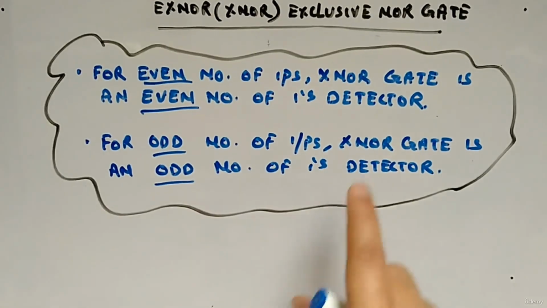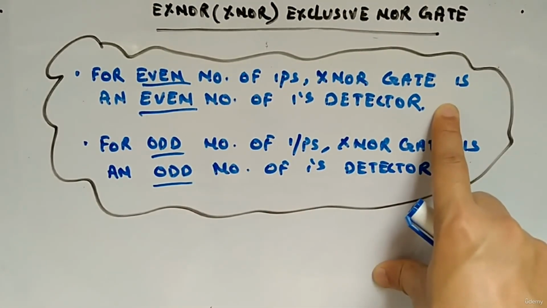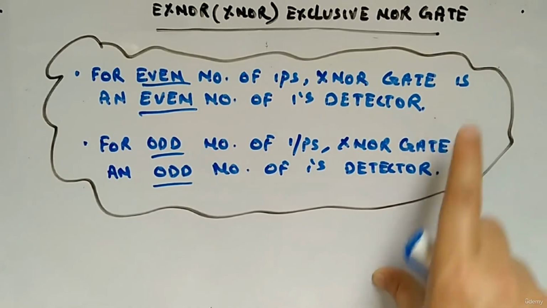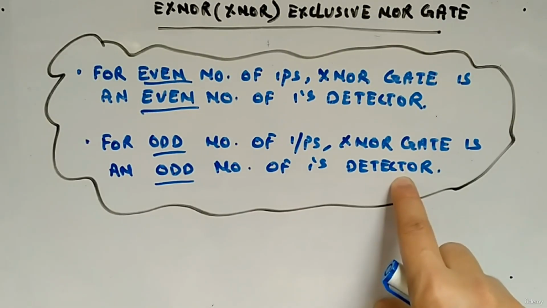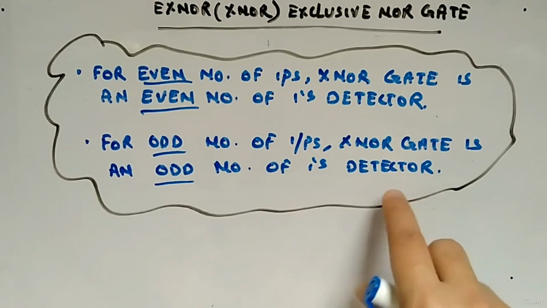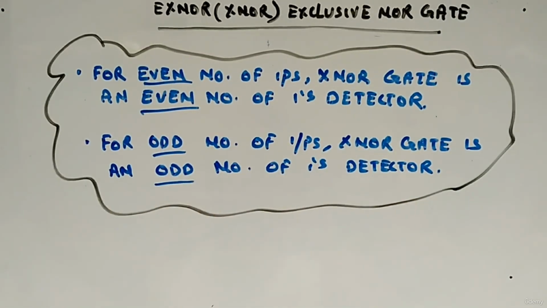So in the even case, the XOR gate shows output 1 when there is an even number of ones in the inputs, and in the odd case the output is high when the inputs have an odd number of ones. That is the crux. So they don't perform exactly similar, XNOR and XOR. It's slightly different.